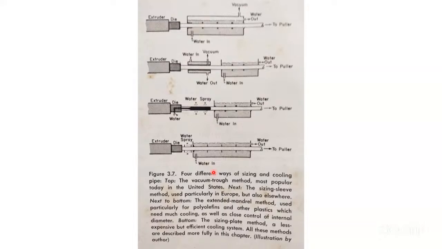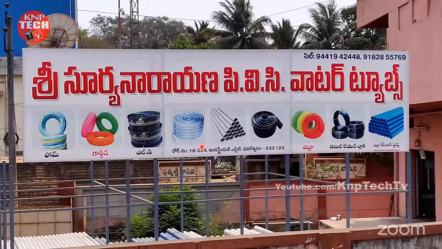And if you have a collapsible, folded pipe, you can use the last one, the sizing plate method. There are a number of advantages of these sizing methods. Now I will show you some video, because it is very important to see this video also while learning.